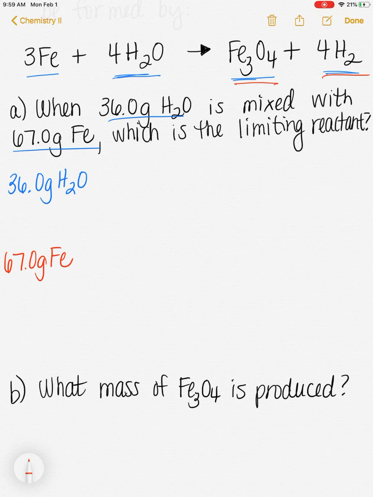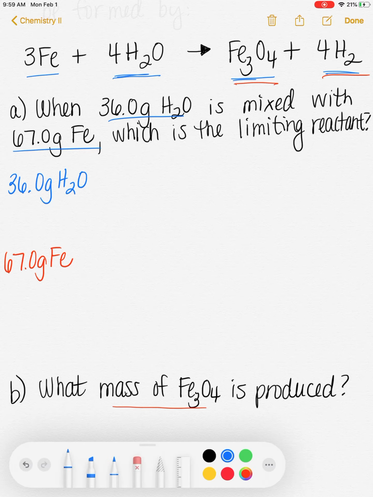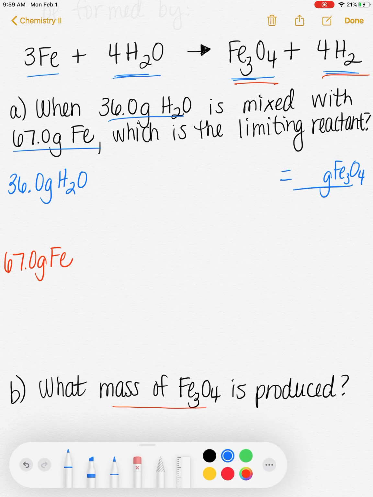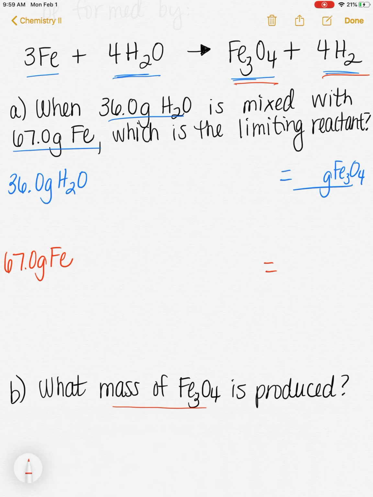So since part B says what mass of Fe3O4 is produced, I'm going to change both of my starting numbers into grams of Fe3O4 so that I can save myself some work in the next problem. So grams of Fe3O4. All right, so going from grams of one thing to grams of another.